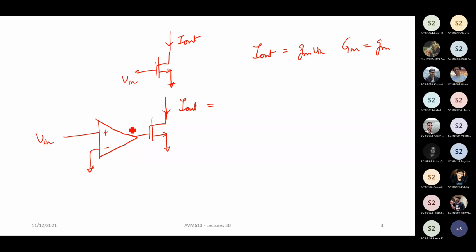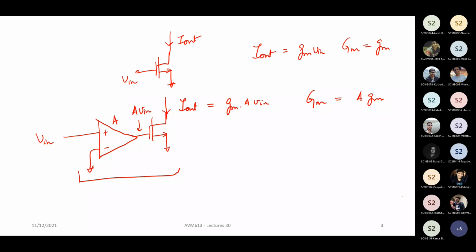The voltage here is going to be V in times the gain of this op amp, which is A. So the voltage at this point is A times V in, and therefore the I out is going to be Gm times A times V in. The effective transconductance of this whole circuit can be taken as A times Gm.